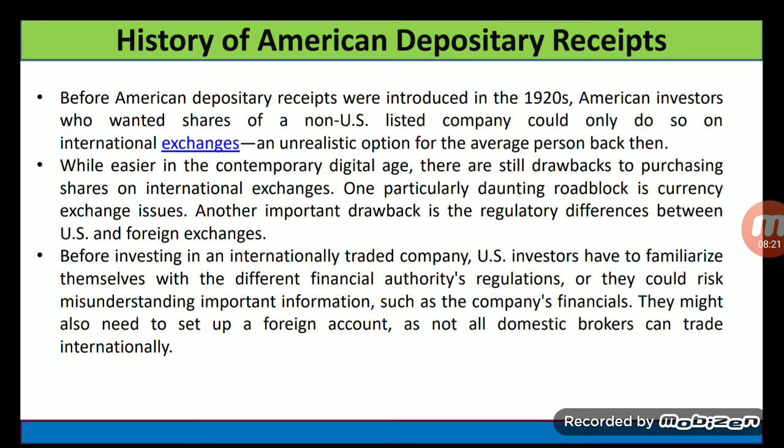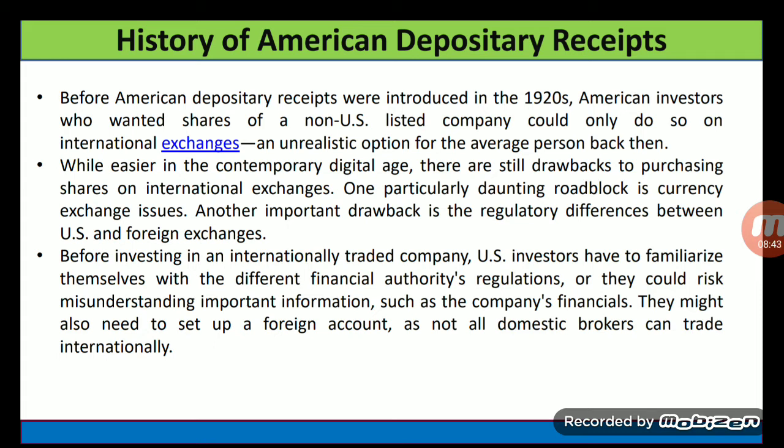While easier in the contemporary digital age, there are still drawbacks to purchasing shares on international exchanges. One particularly daunting roadblock is the currency exchange issue. Another important drawback is the regulatory differences between US and foreign exchanges.